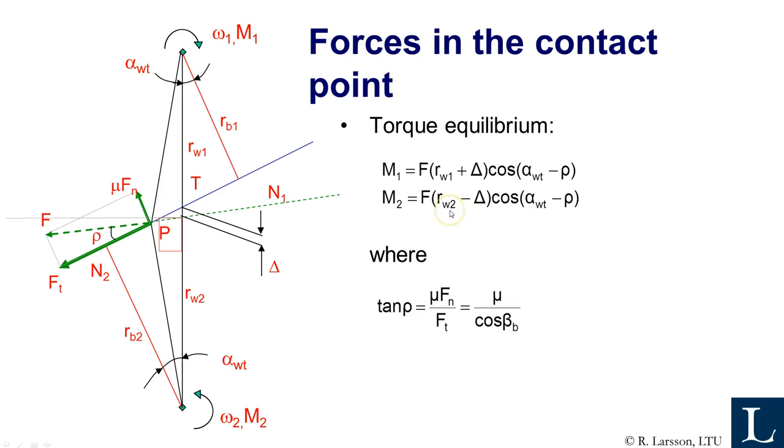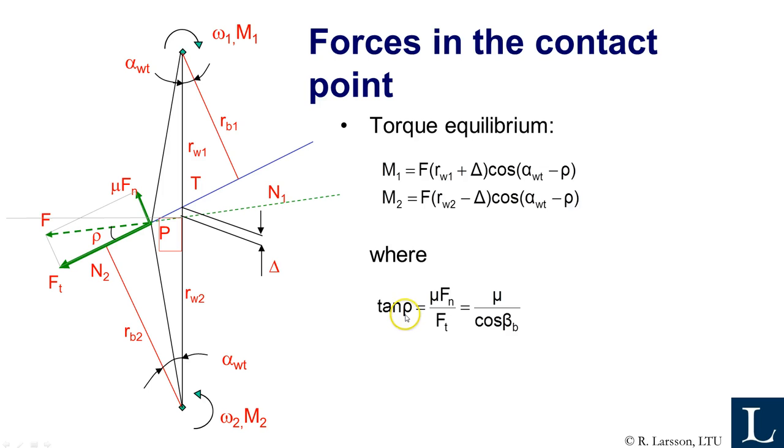It's the same thing for wheel 2. Here it's the pitch radius for wheel 2, but minus delta, of course, because we are below the line of action, multiplied by the cosine of the pressure angle minus the friction angle rho here.